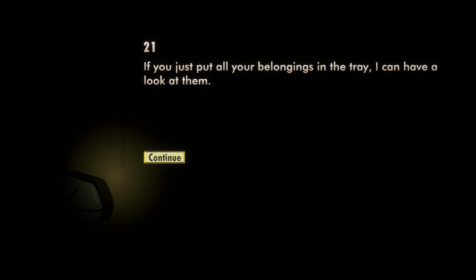You just put all your belongings in a tray. I can have a look at them. This is normal in Cairo Embassy. Standard procedure. Can't be too careful. That's a beautiful pocket square, by the way. Thanks, got it down at the market.